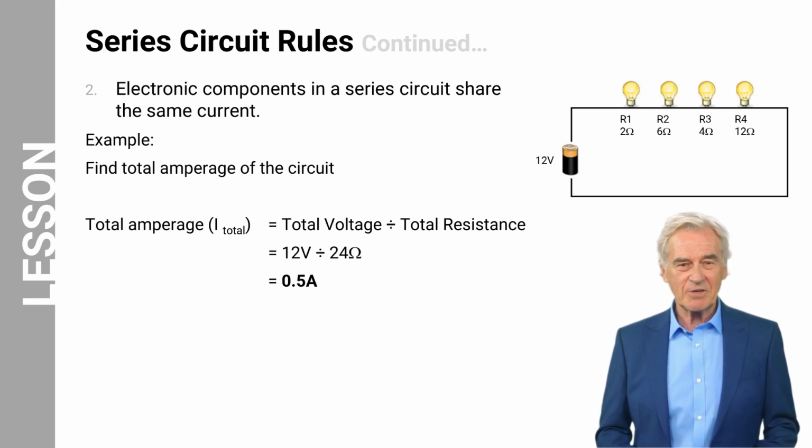Given a total voltage of 12 volts and a total resistance of 24 ohms, which we calculated before, we can determine the total current using Ohm's law. The formula is I total equals total voltage divided by total resistance. Plugging in our values, we get 12 volts divided by 24 ohms, which equals 0.5 amperes. This current flows through every component in the series circuit, illustrating the uniform current distribution characteristic of series connections.